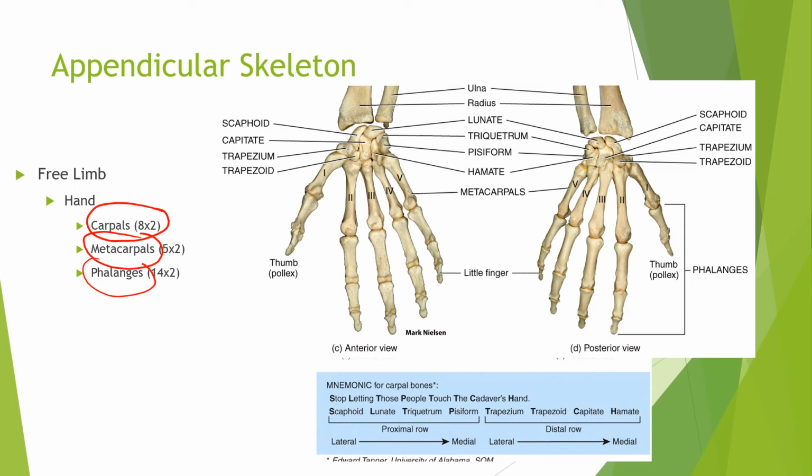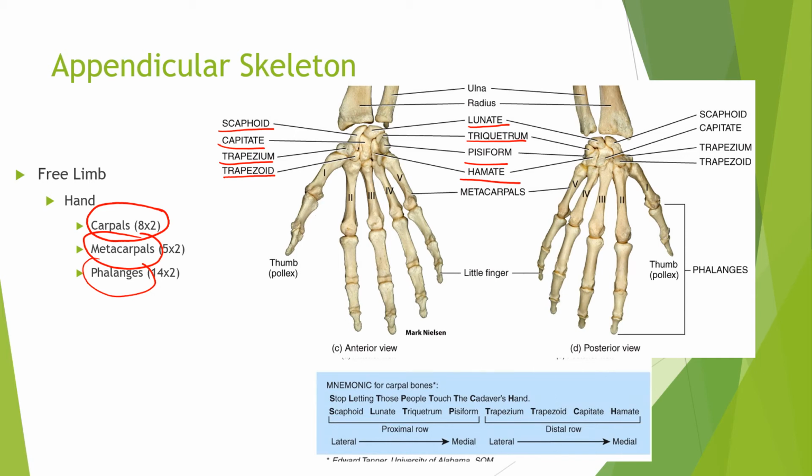Starting from the thumb, the proximal row is made up of the scaphoid, the lunate, the triquetrum, and the pisiform. The distal row contains the trapezium, that is closest to the thumb, the trapezoid, the capitate, and the hamate.